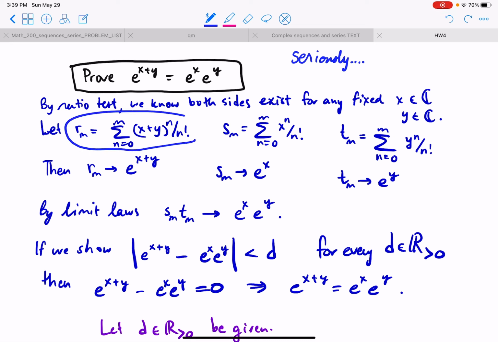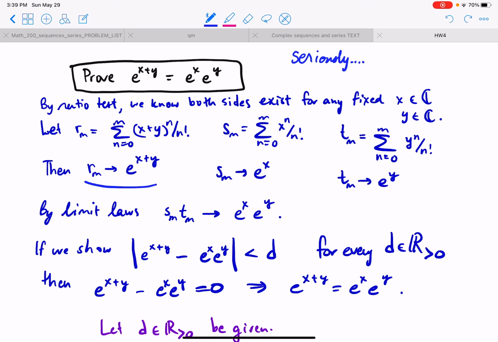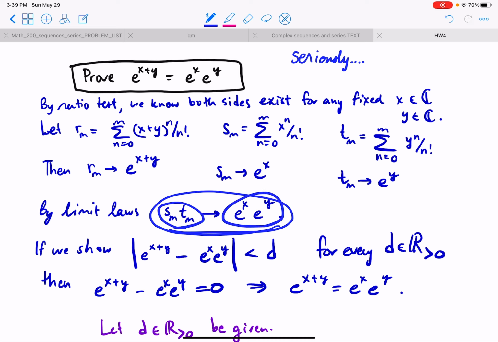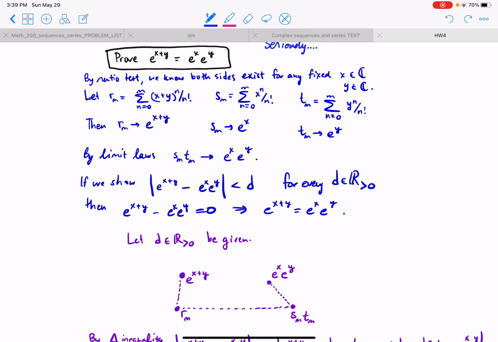So let's give the partials a name, Rm, Sm, and Tm, for the partial sums of this, this, and this. Then the Rm's go to that, the Sm's go to e to the x, the Tm's go to e to the y. By the limit laws, we know that the limit of the product is the product of the limits. That's in our book. And you can prove this pretty easily.